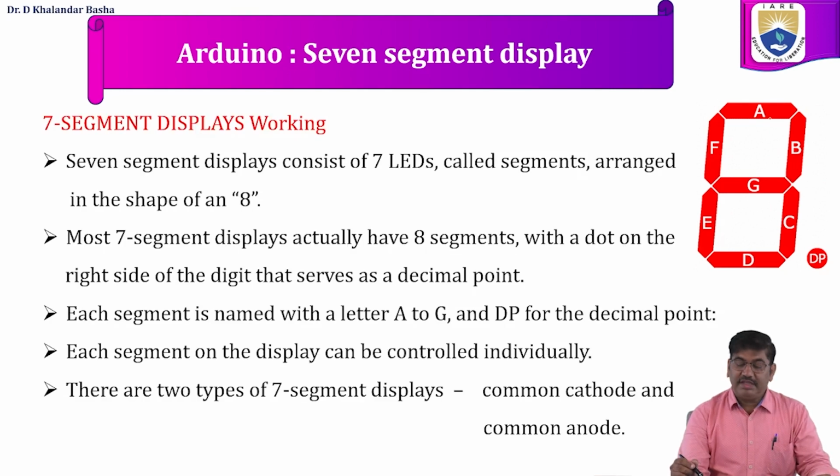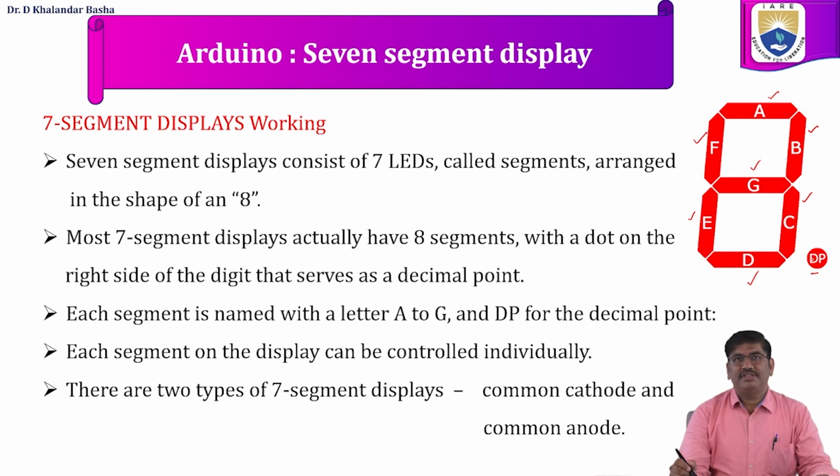So now we will see the 7-segment display consists of 7 LEDs, that is LED A, LED B, LED C, LED D, LED E, LED F and LED G. Apart from that, we can have a dot point. For that also you can program. So the 7-segment display consists of 7 LEDs called segments A, B, C, D until G, arranged in the shape of 8.